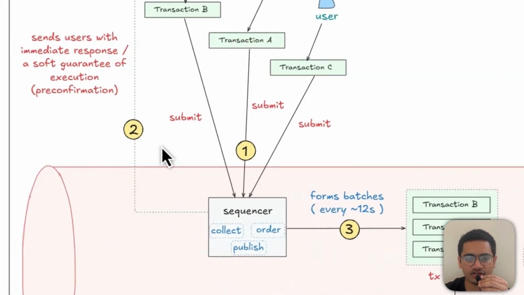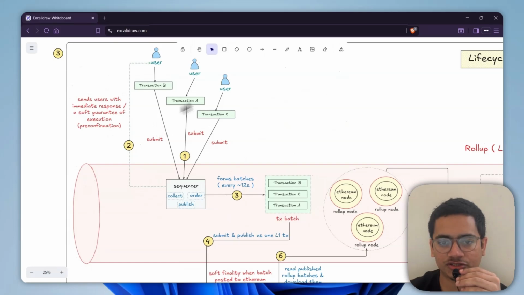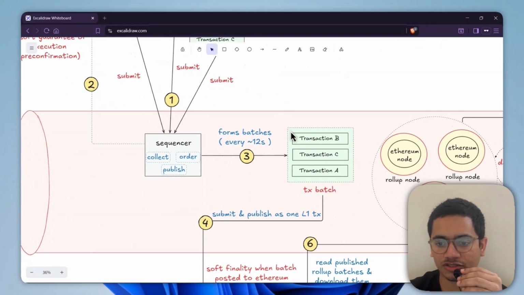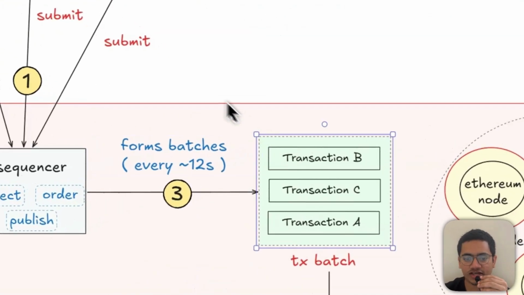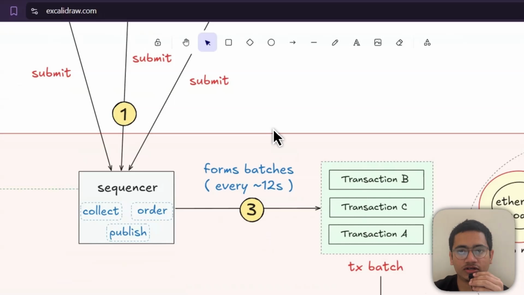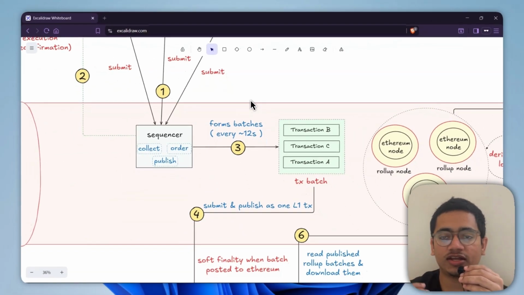Now, after sending the pre-confirmation of the transactions to the user, the sequencer forms a transaction batch here. The transaction batch is the collection of transactions the sequencer received from the users in the earlier step. Now, it does that because posting an L1 transaction is quite expensive.